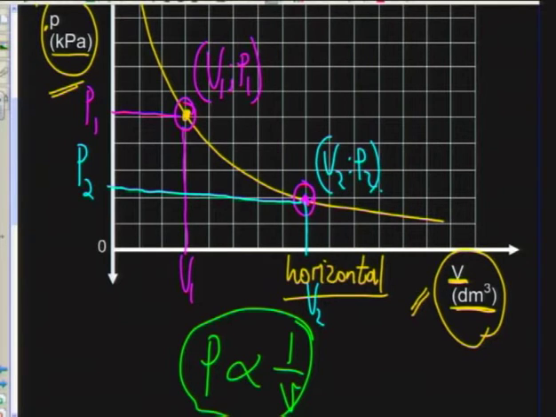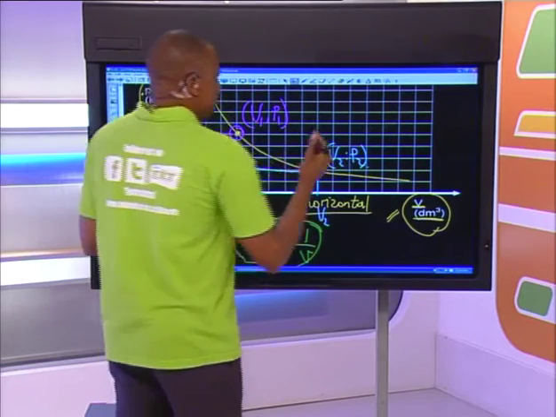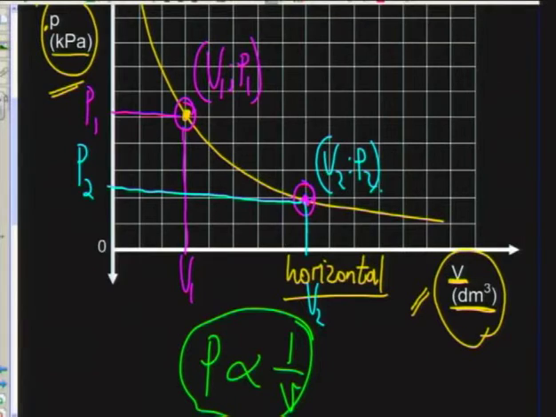From what we have just come up with, when we looked at the proportionality relationship and worked out the equation introducing the constant k, if at this point P1 times V1 equals k, then even here P2 times V2 would be equal to k.